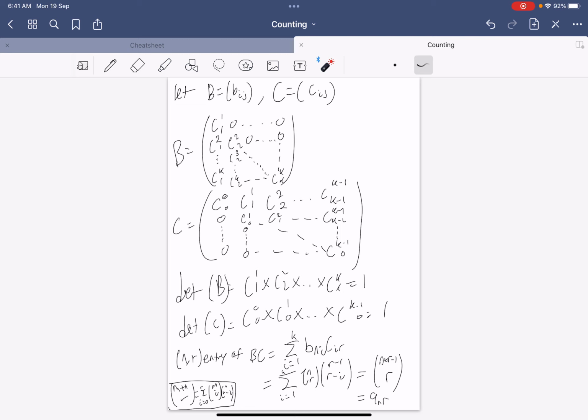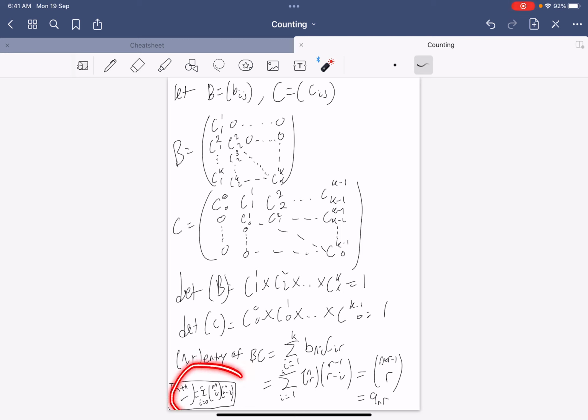Now we claim that B times C is exactly A. And why? Because the n-r entry of BC is the summation of B_ni times C_ir, and we run this from 1 to order k. And hence we see that the B_ni entry is n choose i, where the C_ir entry is i minus 1 choose r minus i.